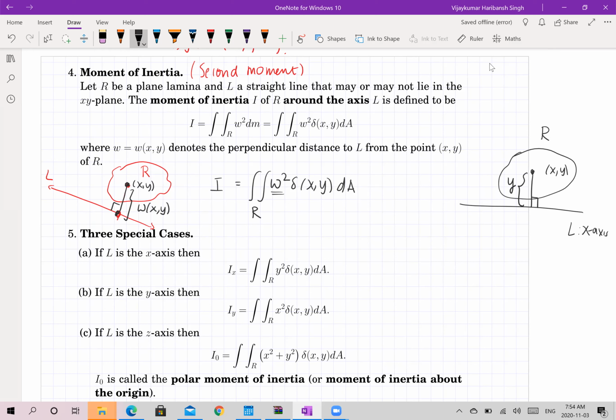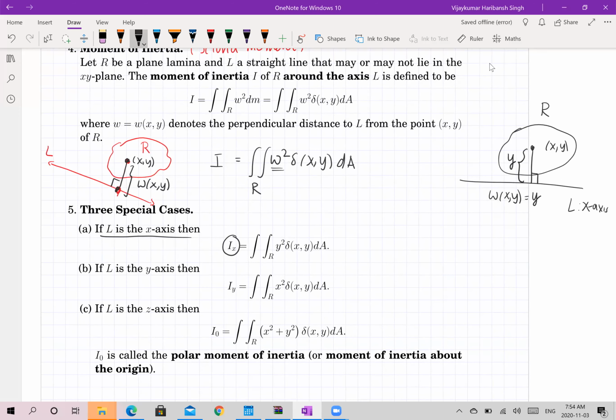So w of xy is y in this case, when L is x-axis. That's why you see, if L is the x-axis, then Ix is given by the double integral of y square delta xy dA over region R. Similarly, if L is the y-axis, it's given by x square delta xy dA.